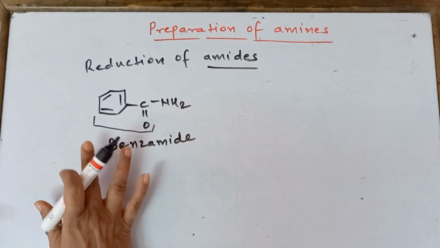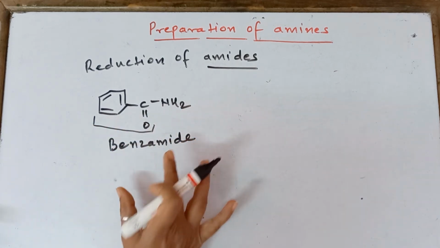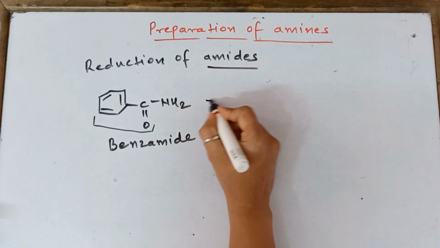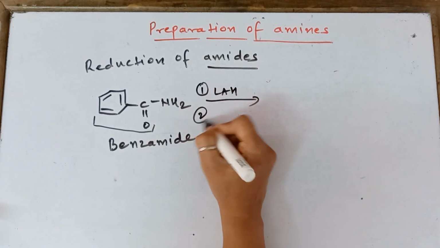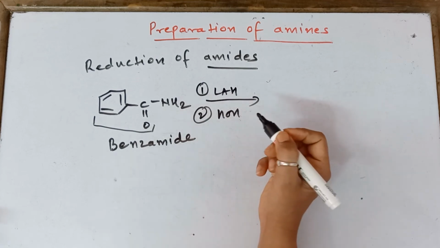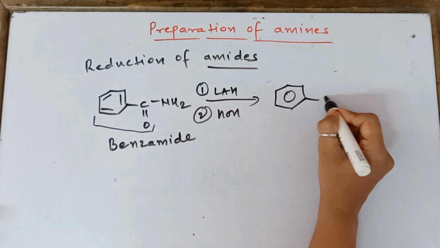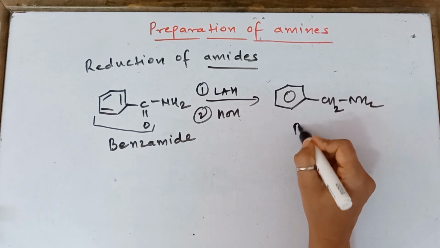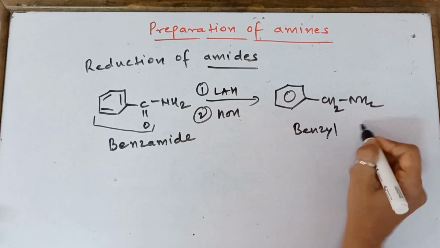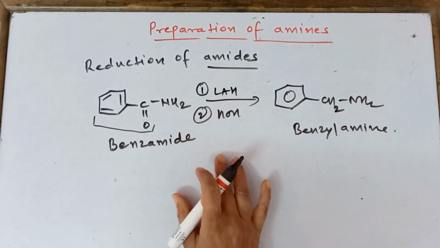So when we reacted benzoic acid with ammonia and heated it, we got benzamide. Now we are going to heat it up with lithium aluminum hydride and subsequent hydrolysis, so that it gives you phenyl methane amine, or you can say benzylamine, which is a primary amine. So that was your method, which was quite simple.